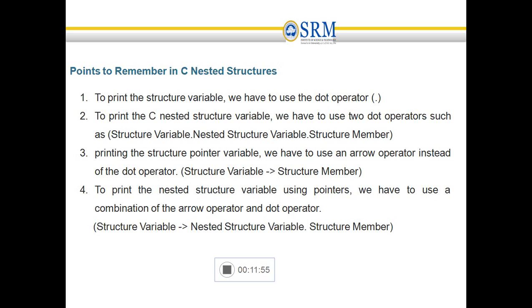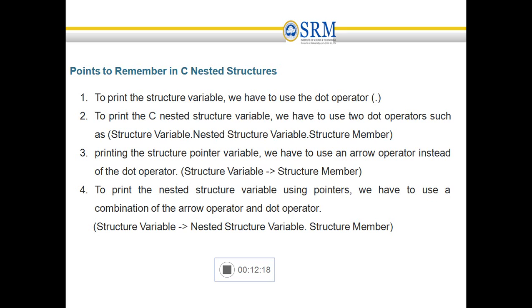The points to remember, in summary: to print a structure variable, you have to use the dot operator. Second, to print a nested structure variable, we have to use two dot operators, such as structure variable dot nested structure variable dot structure member. To print through a structure pointer variable, we have to use the arrow operator.